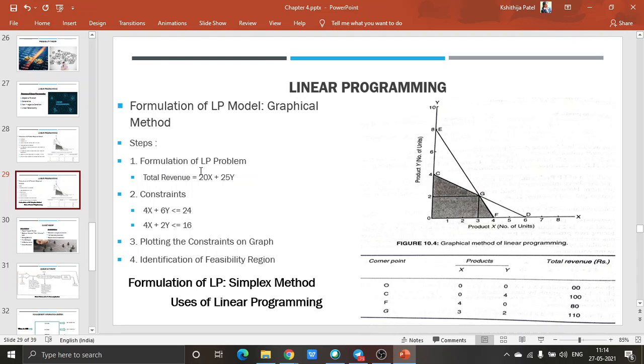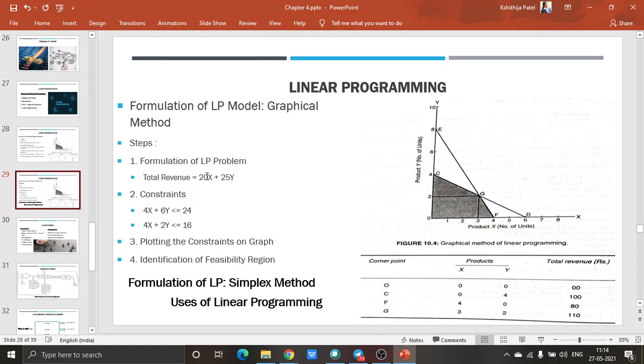So the revenue can be maximized when we add both the products, that is 20x and 25y. Now, this is the objective.